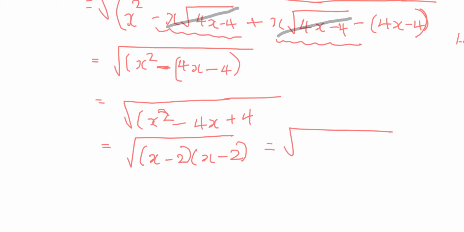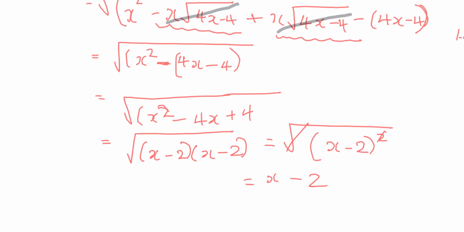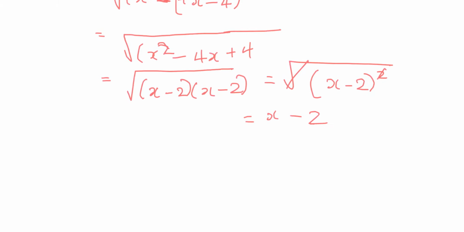This can still be written as x subtract 2 all squared. Can you see that the root and the square are going to cancel? So your answer is going to be x subtract 2. This is the solution. Hopefully this is visible on your side, and you can see how to attempt this question.